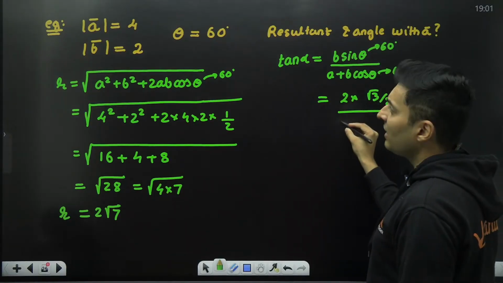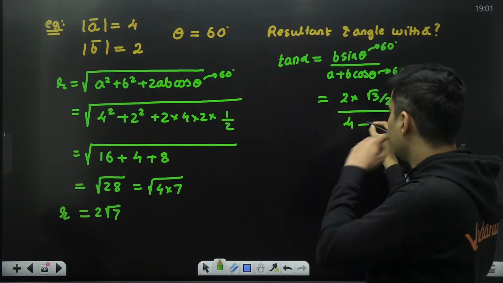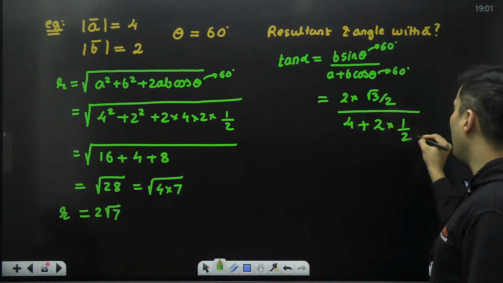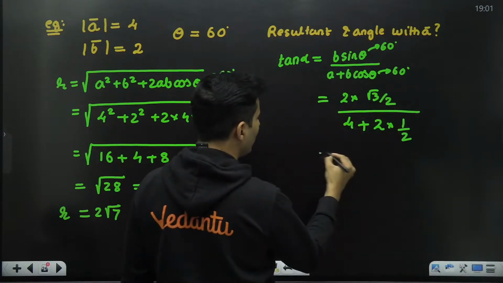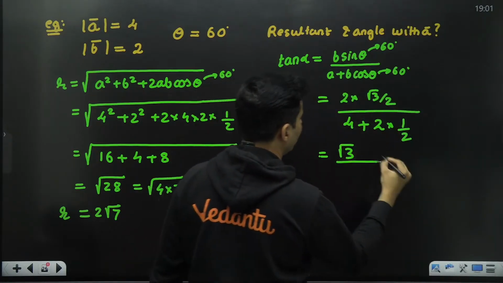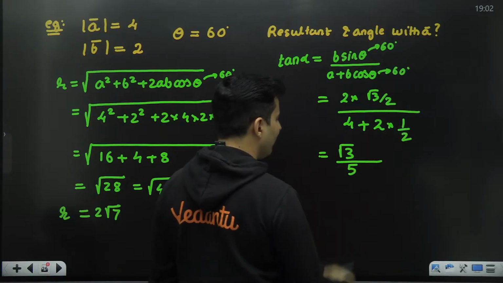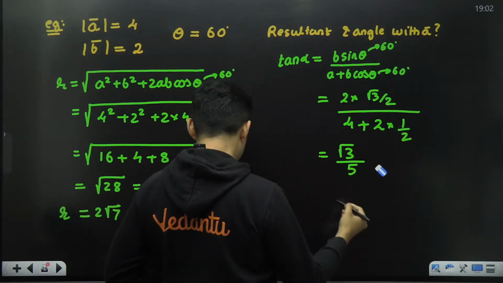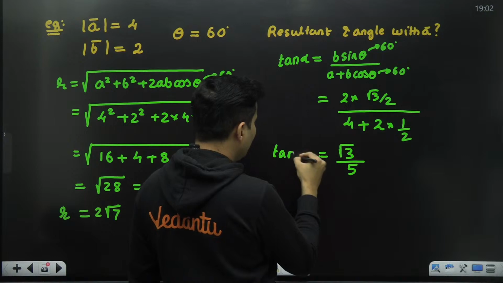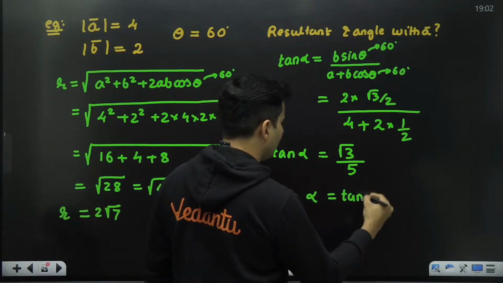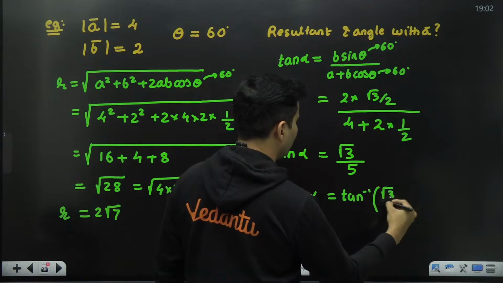A is nothing but 4, B is nothing but 2, and cos 60 is nothing but half. Okay, perfect. 2 and 2 cancel. In the numerator, I have root 3. 2 and 2 cancel, it is 1. 1 plus 4 is nothing but 5. Okay, but do I leave the answer like this? Not necessarily. You can write alpha is nothing but tan inverse of root 3 by 5.